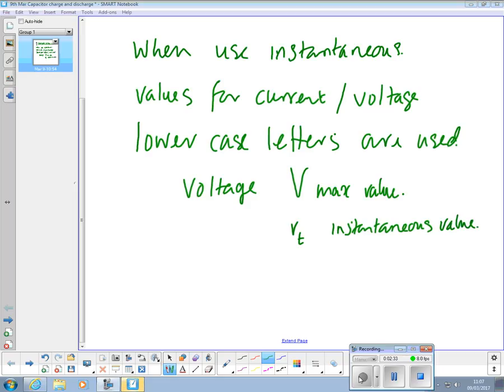And that notation, sometimes put a little VM beside that for max, okay? And then for current, similar, IM, maximum value, little i at time t is the instantaneous value.